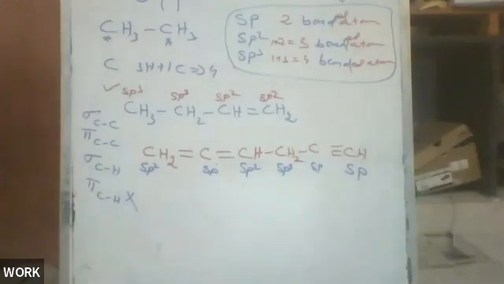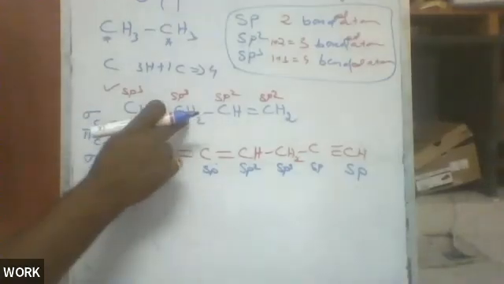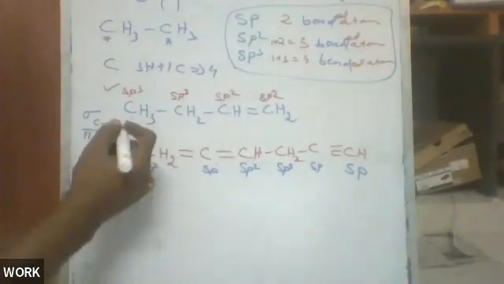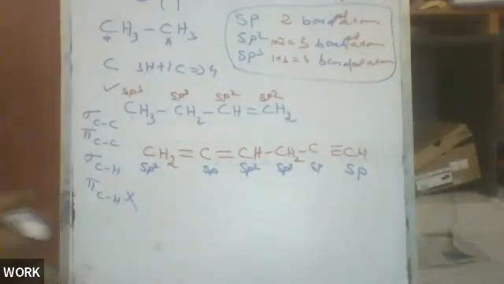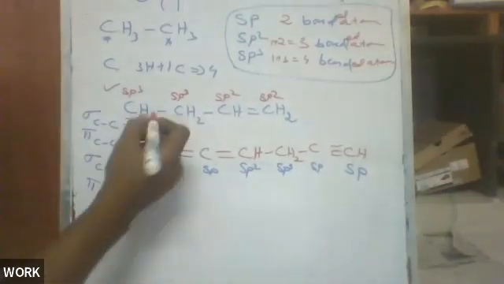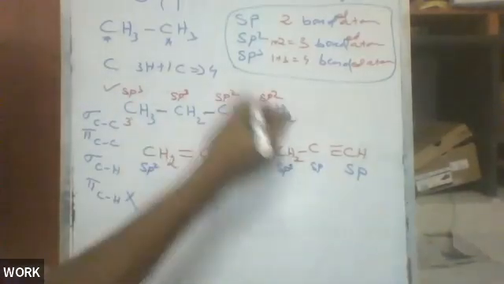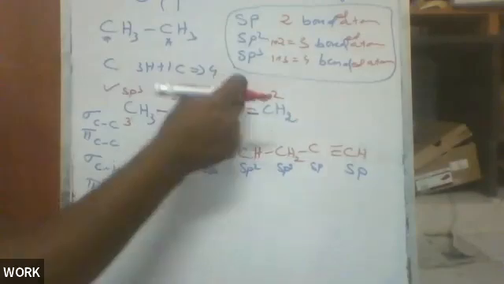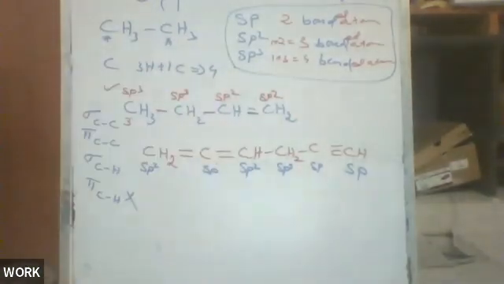Now you tell me, from this carbon, how many carbon bonds are there? 1, 2, 3. So 3 carbon sigma bonds. And how many pi bonds? Only 1 pi bond, because a pi bond always exists along with a sigma bond.